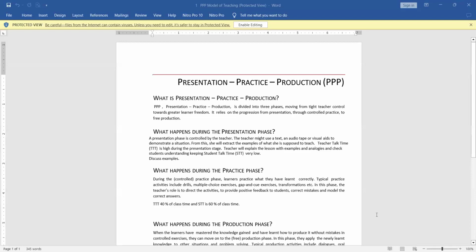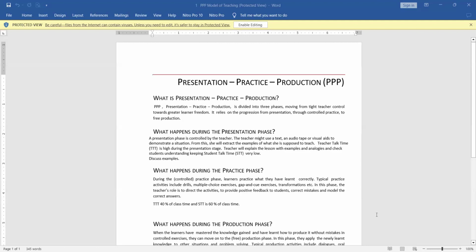A teaching model is like systematizing approaches, methods, and techniques in conducting a teaching session. So you have to systematize what approach, what method, what technique you're going to use to teach that particular lesson and accordingly conduct the lesson.